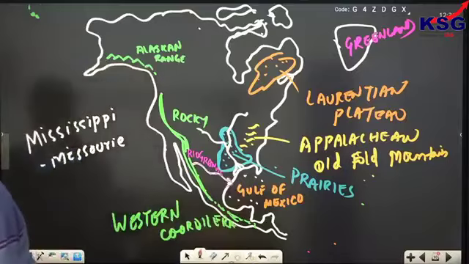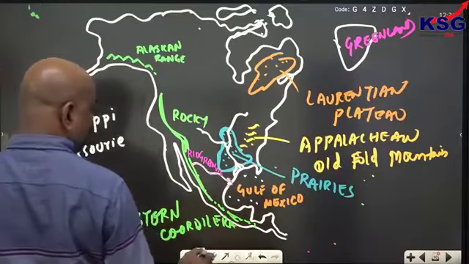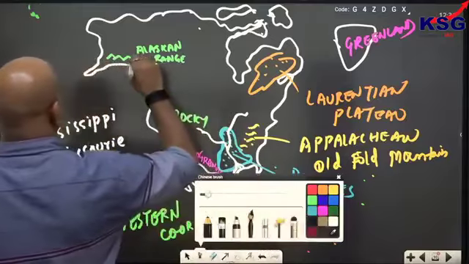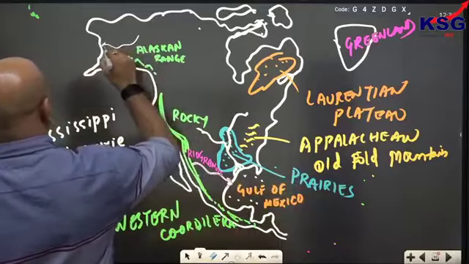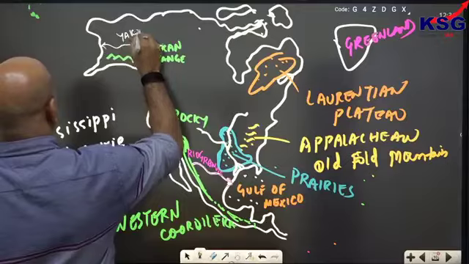River Rio Grande. Here you have a river, Yukon River.